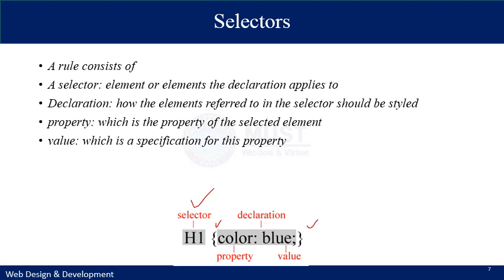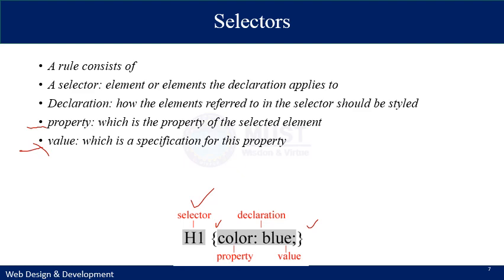For example, in this simple example, we have one declaration and it has a property known as color, which specifies the property of the selected item, and then it has a value which is a specification of this property, and in this case it is blue.